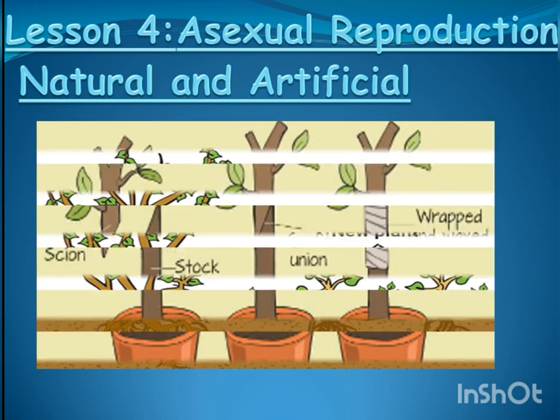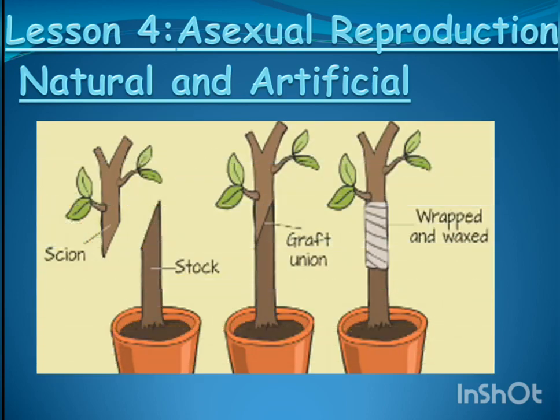Now the next method is grafting. In this method, the stem of one plant is tied to the stem of another plant. They cut the stem of one plant, take it to another plant, cut that plant also, and the first plant's stem is tied, wrapped, to the second plant's stem. Okay children, in this way you can see grafting.